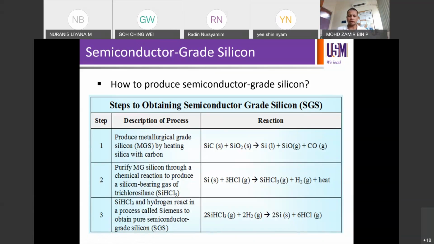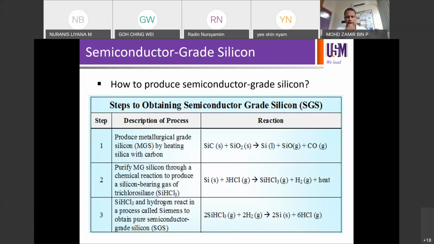Silicon carbide, which contains carbon, is reacting with silicon dioxide or sand to produce silicon, SiO2, and CO as the products, right? And then the moment you have your silicon from the first step, it has to go through a cleaning or purification process where we purify our metallurgical grade silicon. So the first step is producing metallurgical grade silicon.